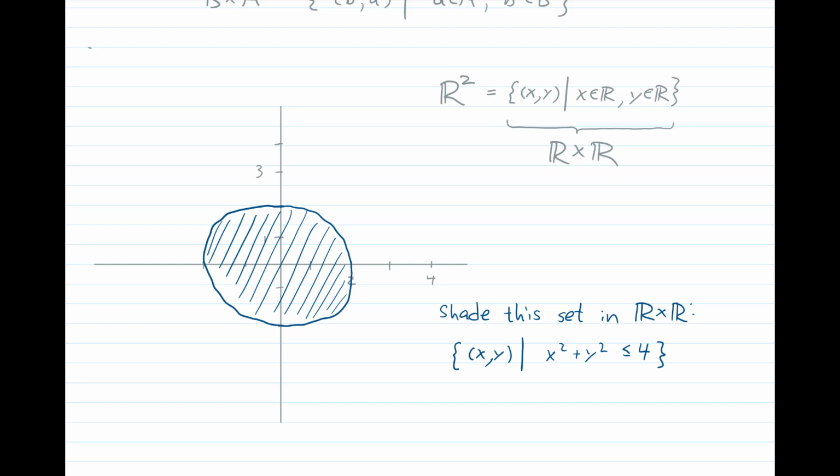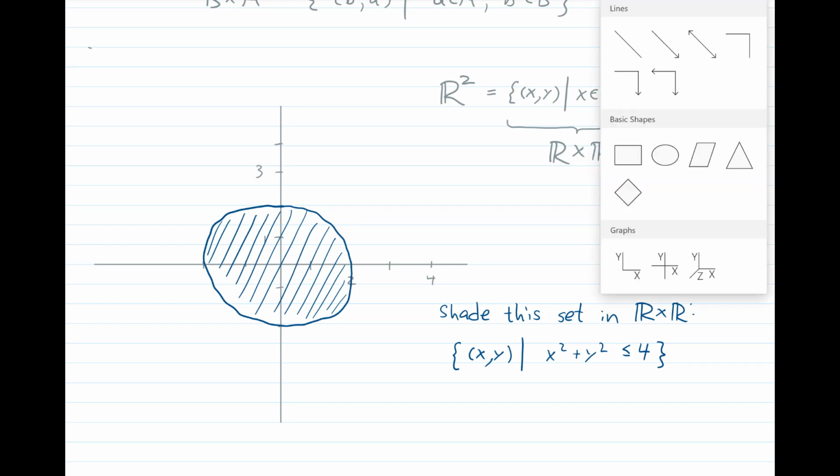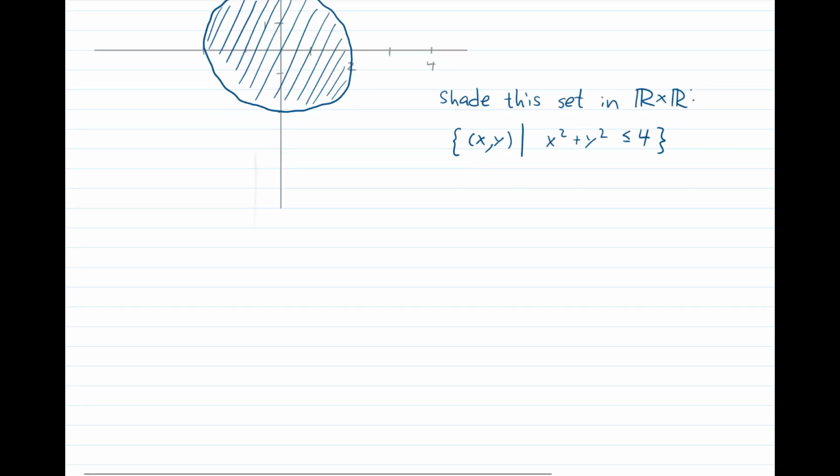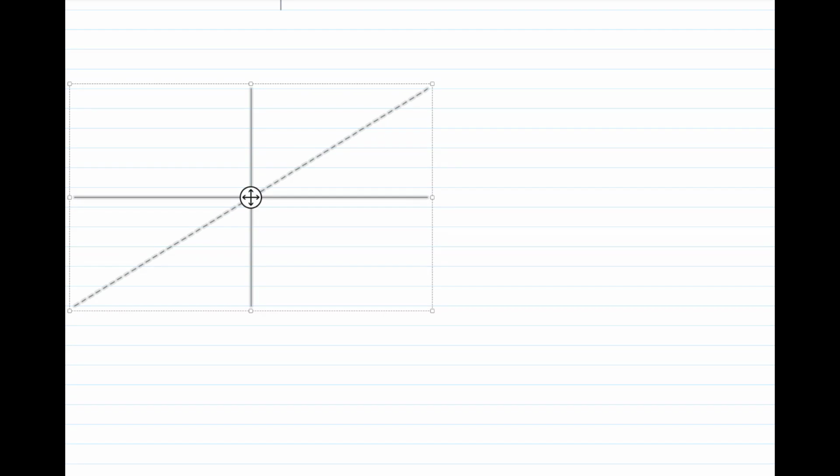Okay. Let's draw XYZ axes. What are you used to that being called in calculus? That's usually called R3, right? What does every element of R3 look like? It's not an ordered pair, is it? It's an ordered triple, where all 3 entries in the ordered triple are real numbers, right?